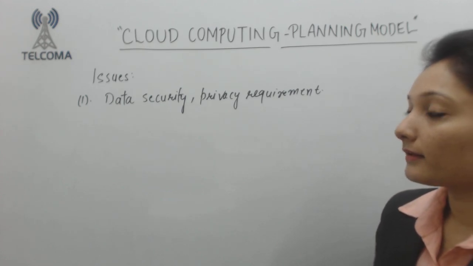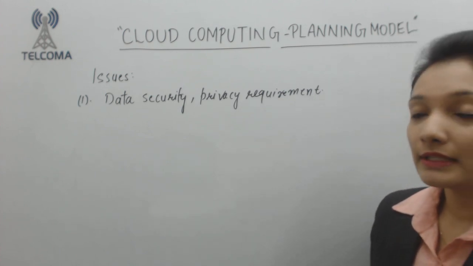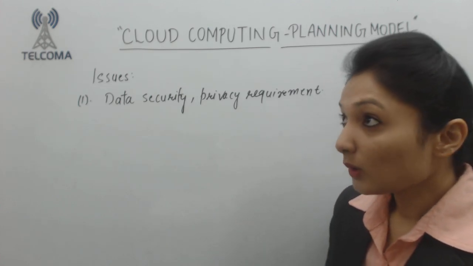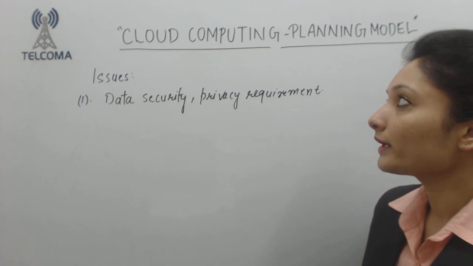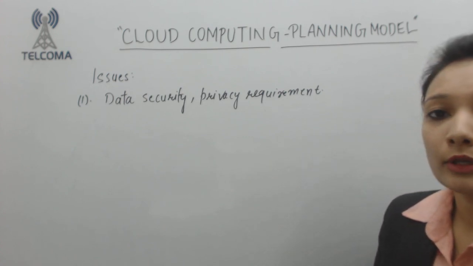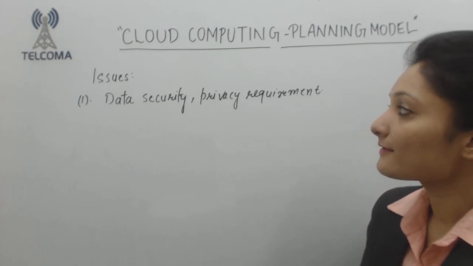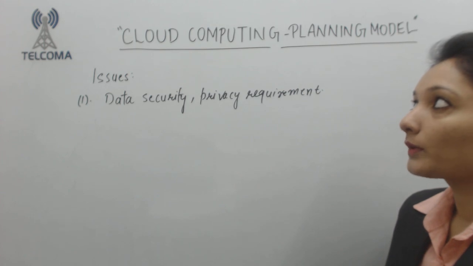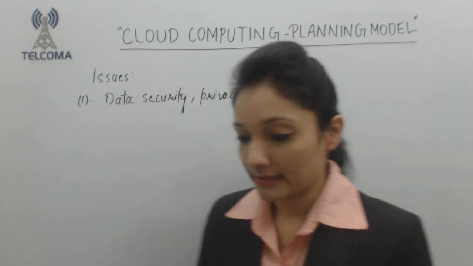The primary concern of any organization before using these applications is the security of their valuable information and the privacy requirements. So what kind of deployment model you require should be figured out first, whether a public or private cloud computing model is required by the particular organization.